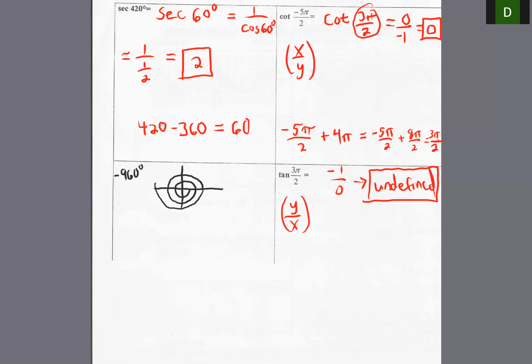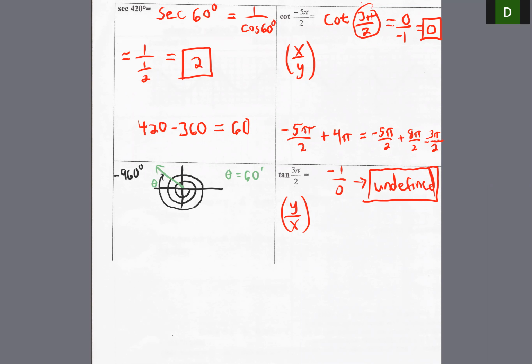That would get you to quadrant 2. The angle here would be 60 degrees. So what I did in black would be the problem.